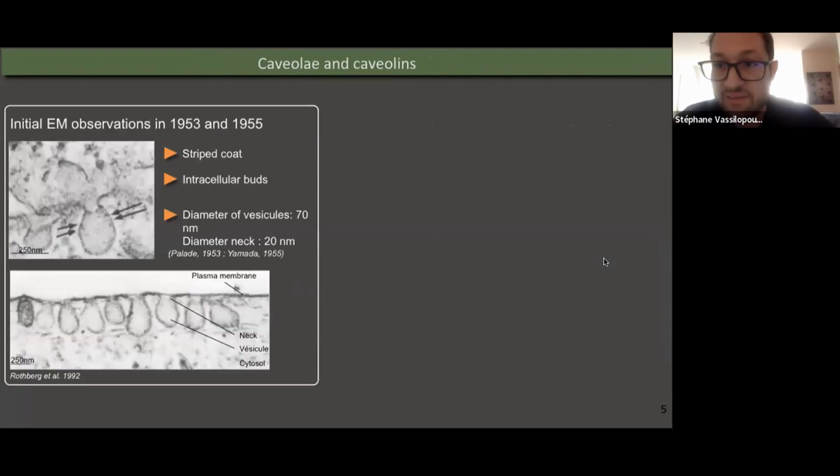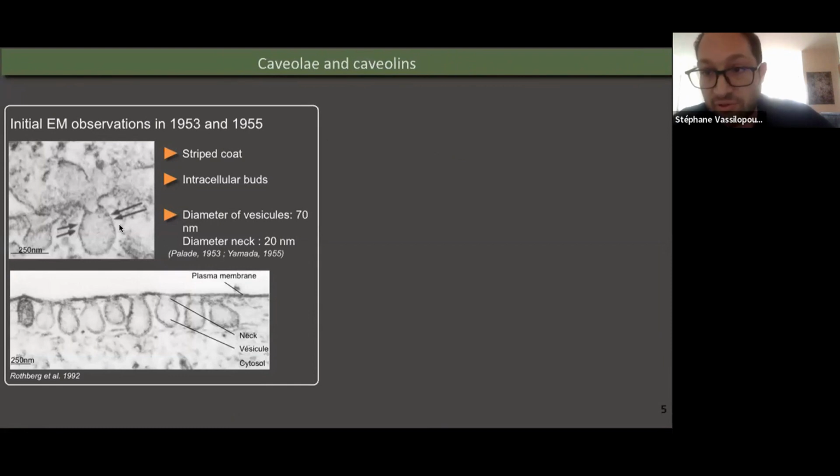So what are these caveolae structures? Well, caveolae are small invaginations, cave-like invaginations of the sarcolemma. They are almost 60 to 70 nanometers in diameter, and they were initially characterized by George Palade in the 50s, who was the first one to describe these structures and the striped structure of the caveolae coat.